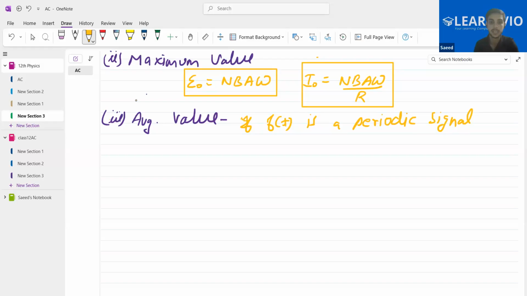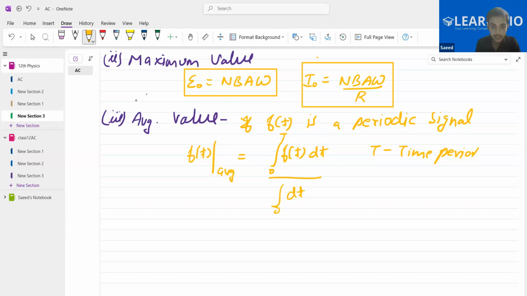If f of t is a periodic signal, its average value, f of t average, will be defined by the integral of f of t dt from time interval 0 to T, divided by T, where T is the time period. This is the sum of all the values divided by the total number of values. This is how we define it for any varying signal.